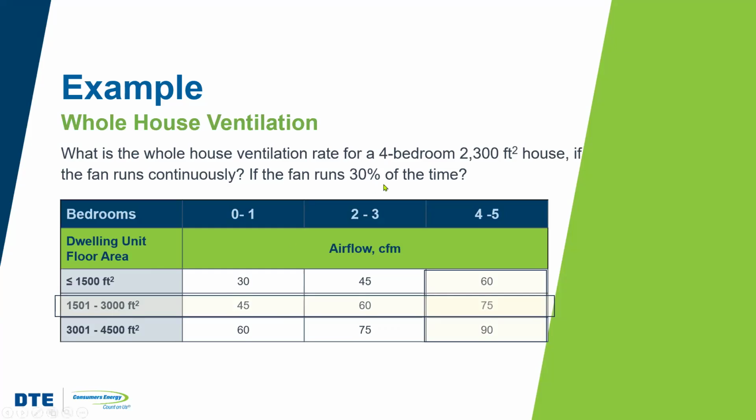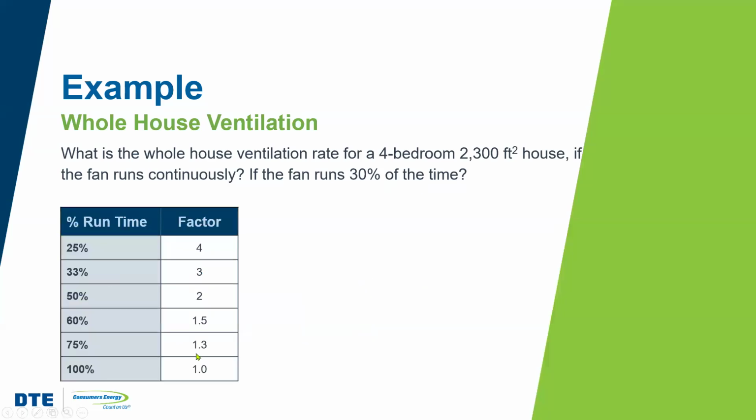But now if the fan were to only run 30% of the time, we'd go to a different table. We'd come over here, and again, we can interpolate in this table. We know we're going to have a multiplication factor between 3 and 4 here. So we would interpolate to find that our multiplying factor is 3.375.